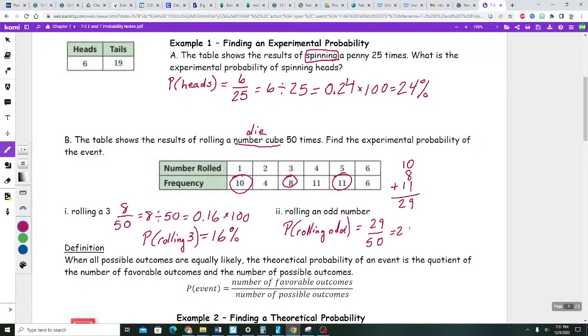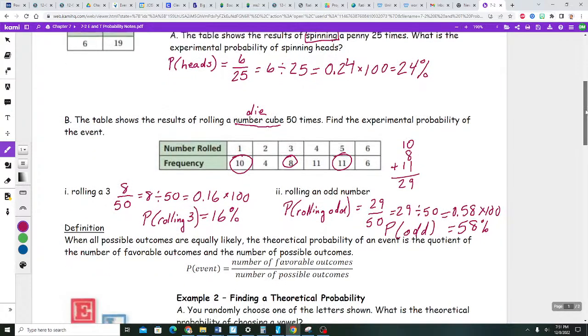And so if we divide 29 by 50, that gives us 0.58, which if we multiply that by 100, that gives us 58%. So the probability of rolling an odd number is 58%.